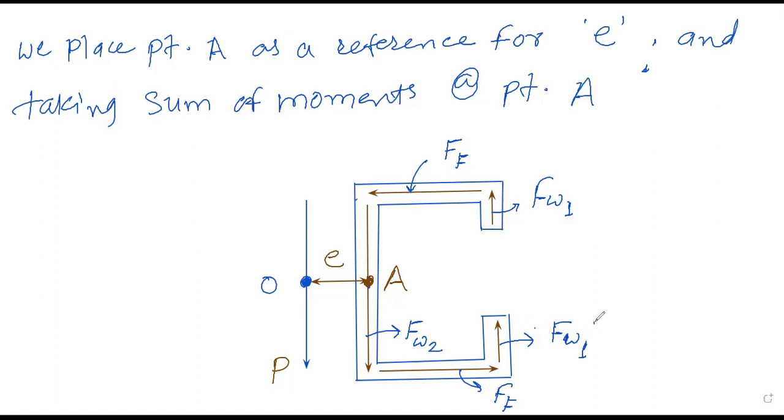So the remaining are only FW1 and FF. We will consider the moment of these two forces, FW1 and FF. So for that we will consider this part, and similarly this part, because the force in these will cause a moment about point A, right?